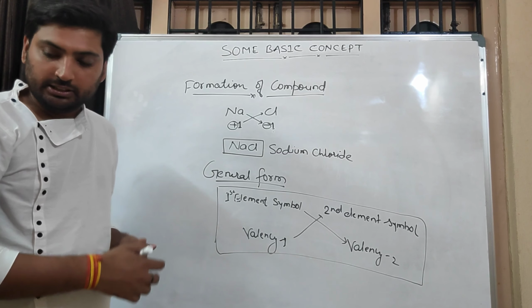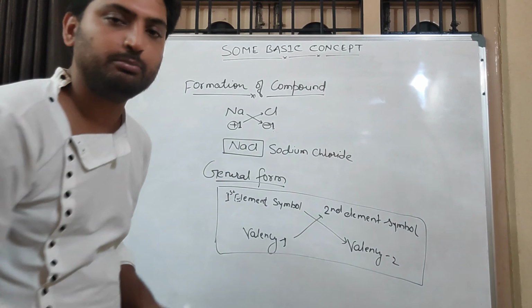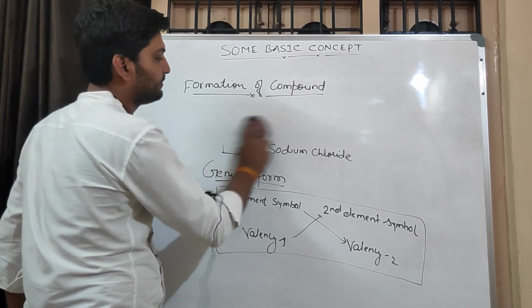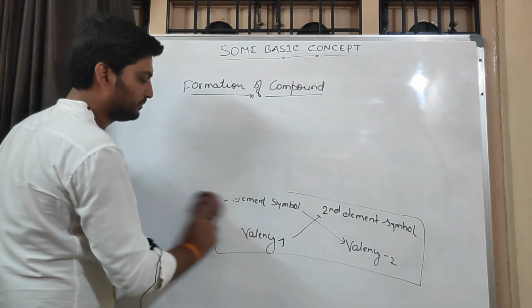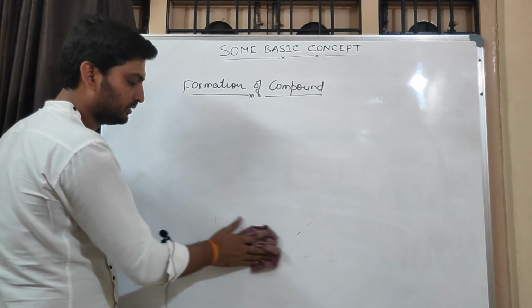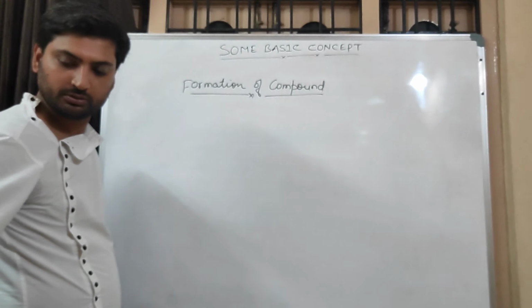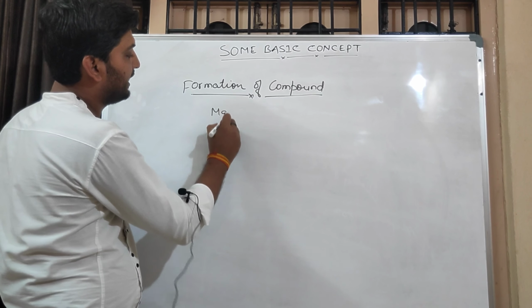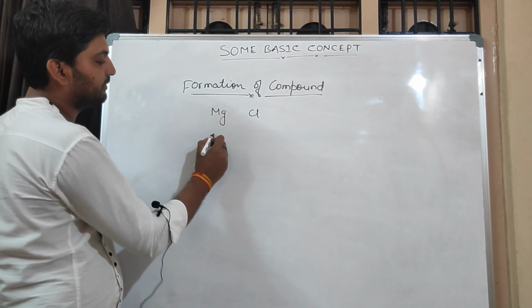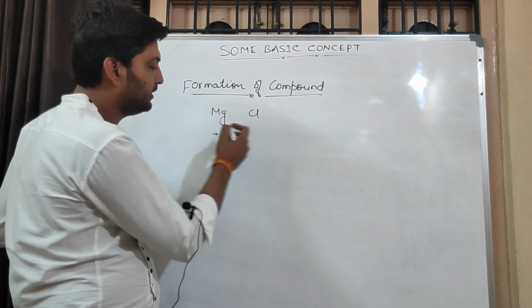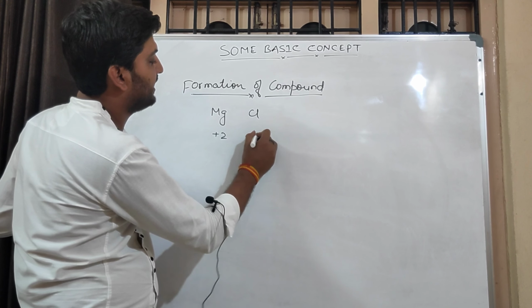Okay. Now let us see more examples of this. Mg, chlorine. What is the valency of magnesium? Plus 2. You can find it, or we have already done it. Minus 1.